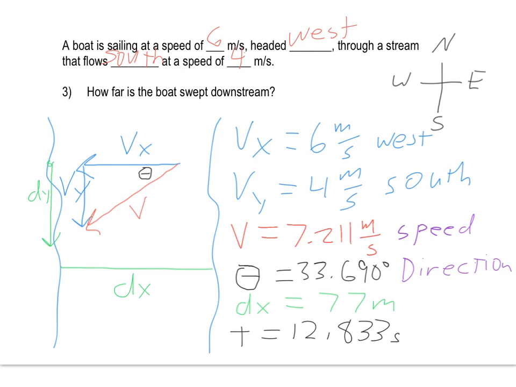Just like with solving for the time using dx, we needed to use vx, because we've now got a vertical distance that we want, we're going to have to use this vy. We're going to need to use this 4 meters per second. This is the general rule of thumb with working these vector problems: you always have to match the directions.